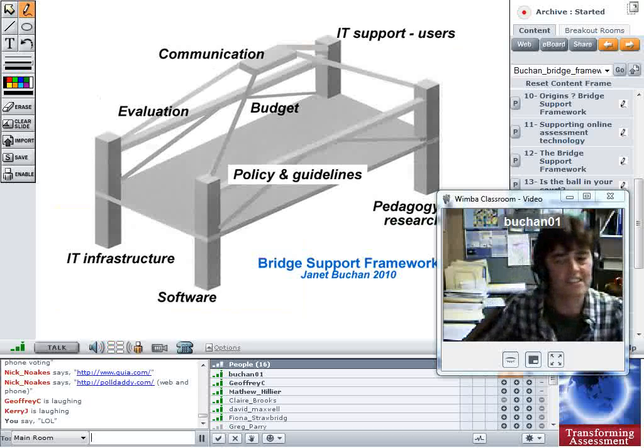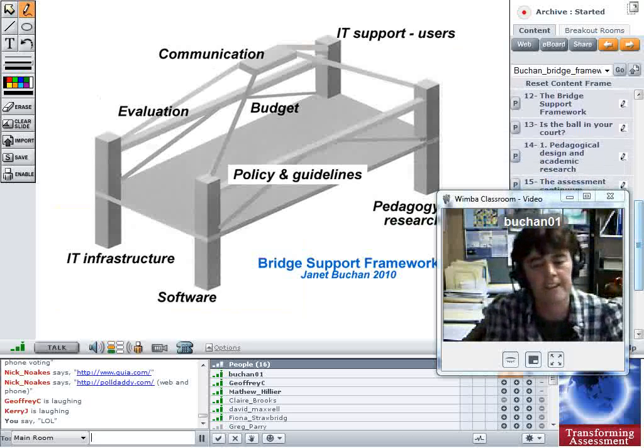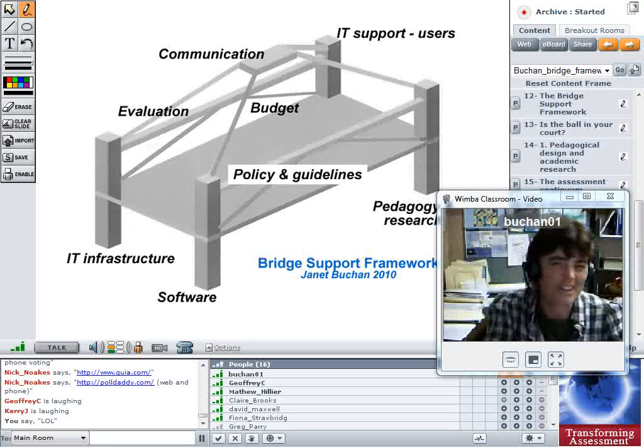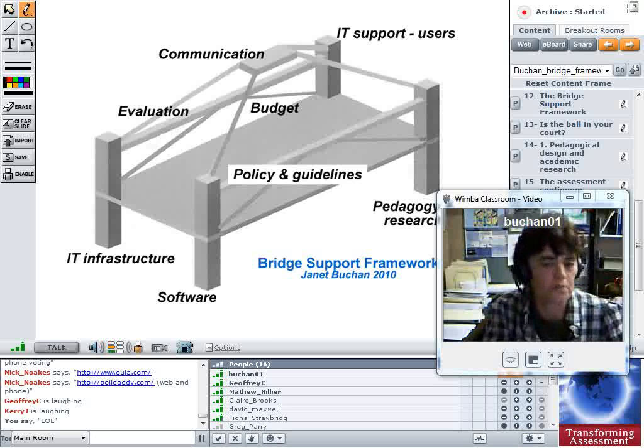Now, there are a large number of different types of frameworks and checklists out there. This is what we came up with, and I think it was the 2000 publication. I haven't put numbers on the actual pillars of support, but basically the bridge support framework has 8 pillars, and depending on who you are, you would number them differently.